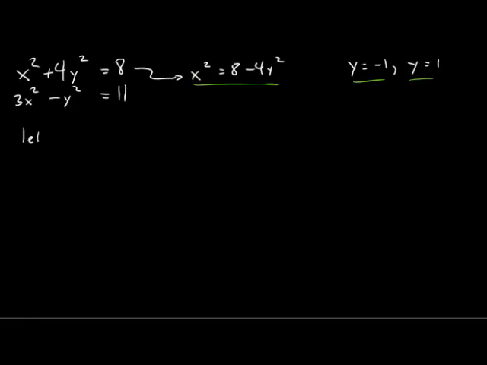We'll now let y equal negative 1, and we'll use the equation x squared equals 8 minus 4y squared. We'll now replace that y with a negative 1. If we do that, we'll have x squared equals 8 minus 4 times negative 1 squared. Negative 1 squared will give us positive 1, and then negative 4 times 1 will give us negative 4.